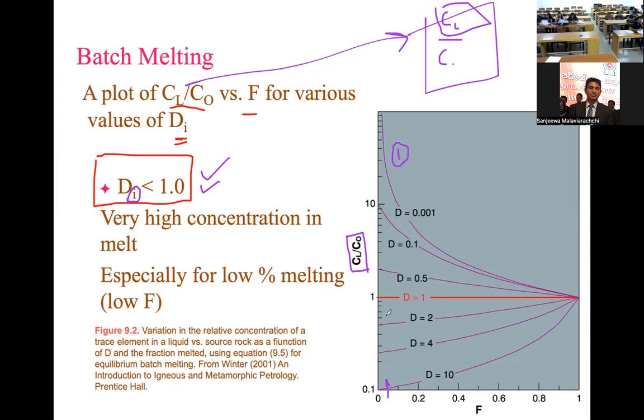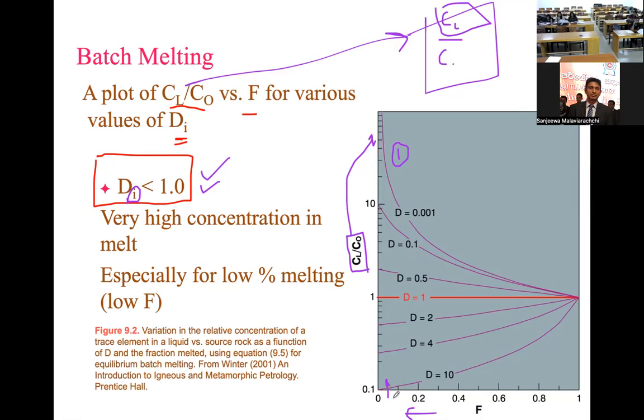If you take that, you will see this ratio has shot up to a very large value. This is a logarithmic scale, and you can see it's above 100 even. So that is very, very large. This indicates a low degree of melting, somewhere in these small regions.